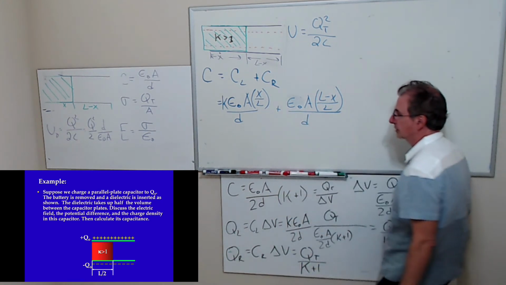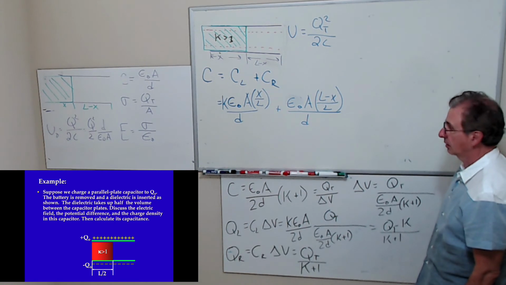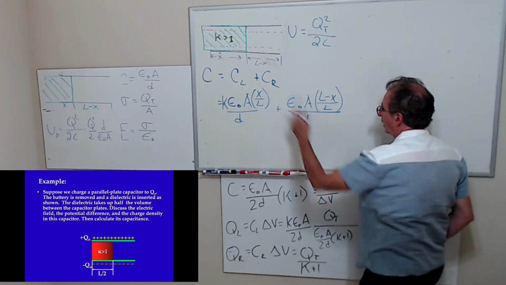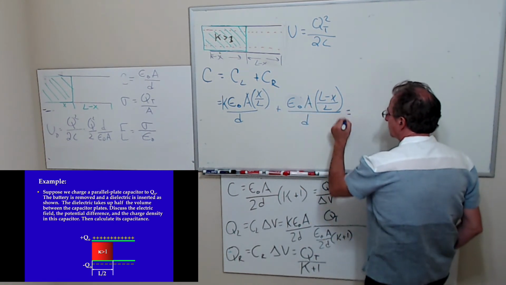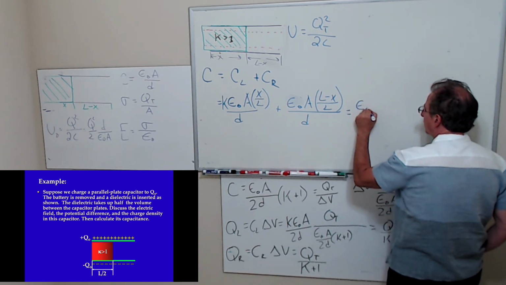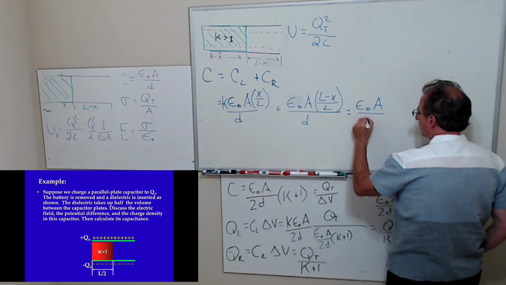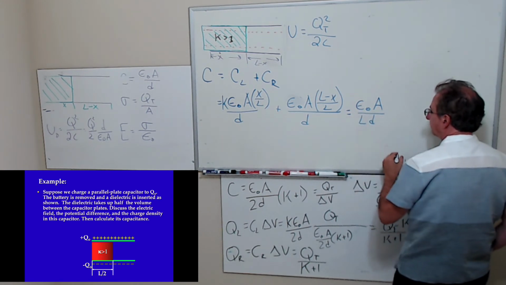I'll write it like this. So if x is L over 2, for example, then I'll get A over 2 here and A over 2 here. So let me combine terms and rewrite this. So I'm going to get epsilon naught A over L d.